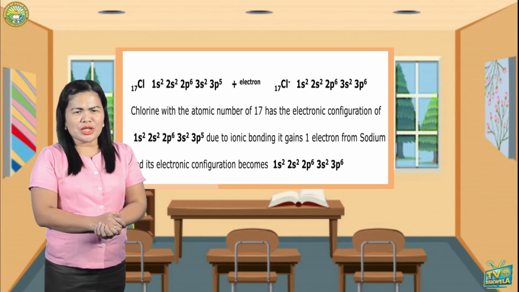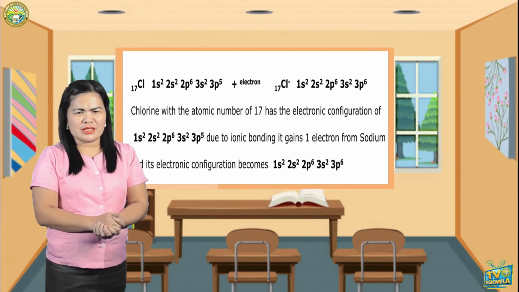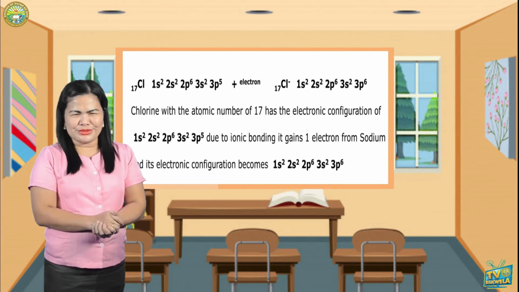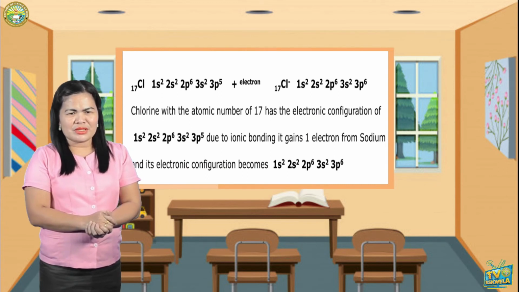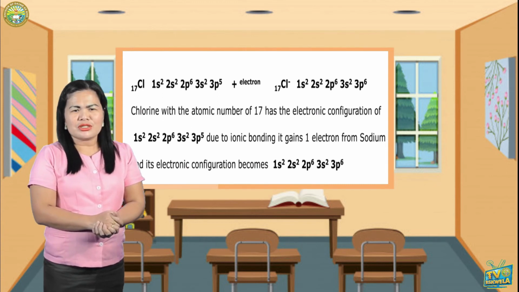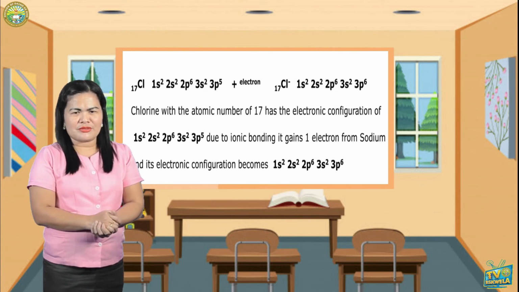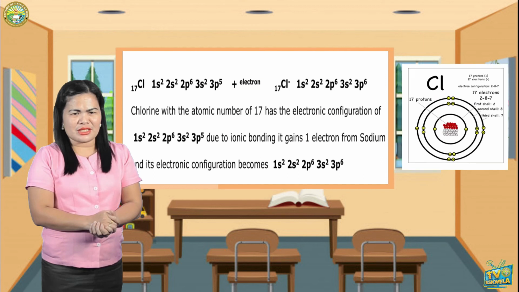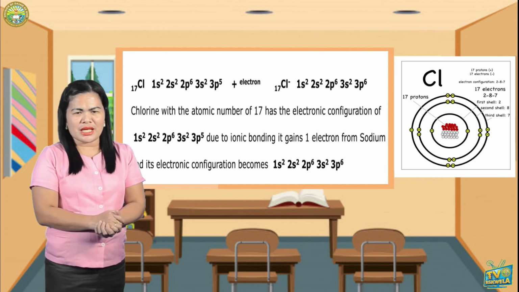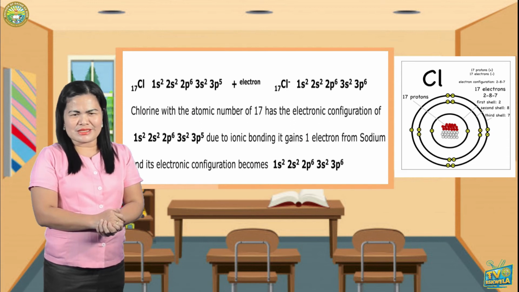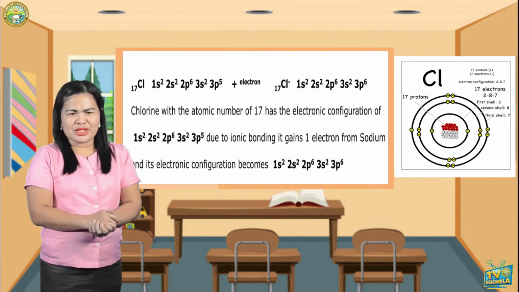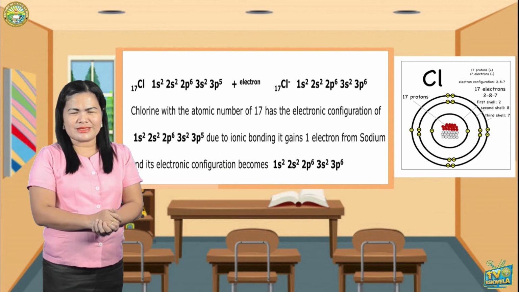Chlorine with the atomic number of 17 has the electronic configuration of 1s2, 2s2, 2p6, 3s2, 3p5. Due to ionic bonding, it gains one electron from sodium, and its electronic configuration becomes 1s2, 2s2, 2p6, 3s2, 3p6.